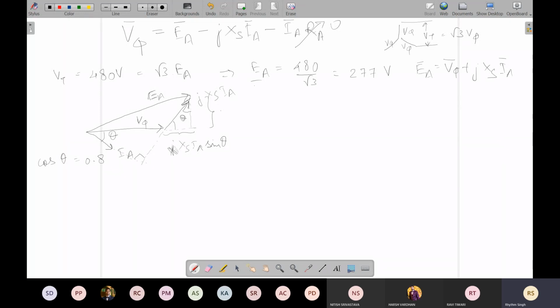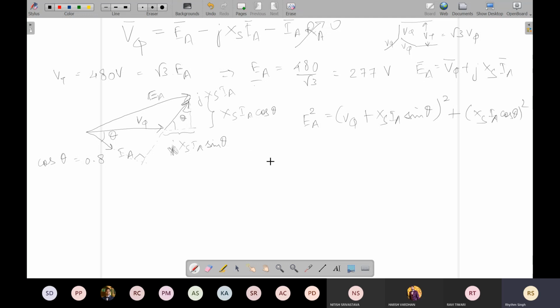So j will not be written here. Now from this we can write the equation with the Pythagoras theorem: EA squared is equal to the square of the base, which is Vφ plus Xs IA sin theta, whole squared, plus Xs IA cos theta, whole squared.